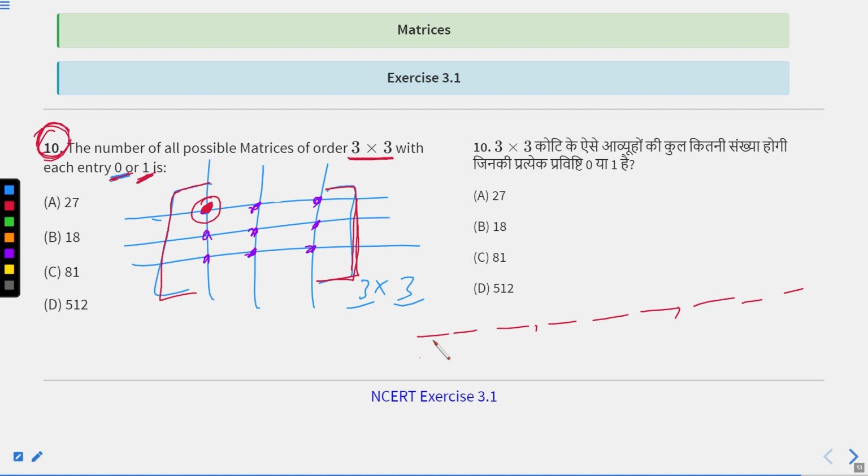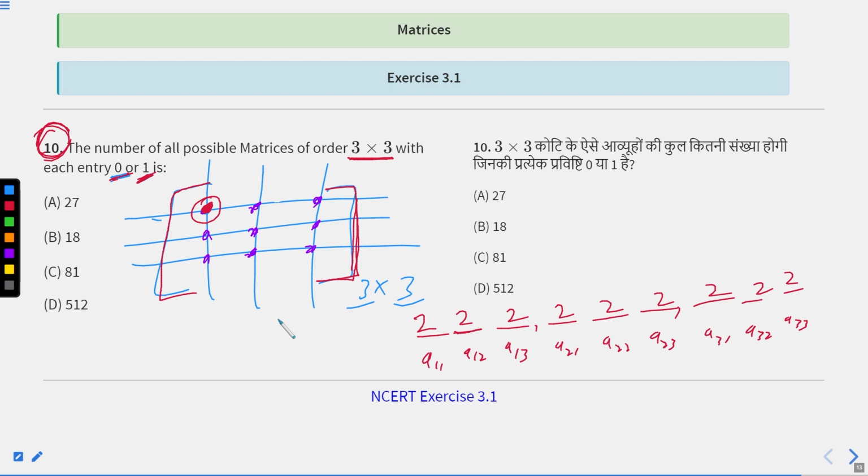So this means A11, A12, A13, A21, A22, A23 and A31, A32, A33. Okay, 9 entries. At A11 position, I can choose 0 or 1. At every position, the possible candidates are 2.